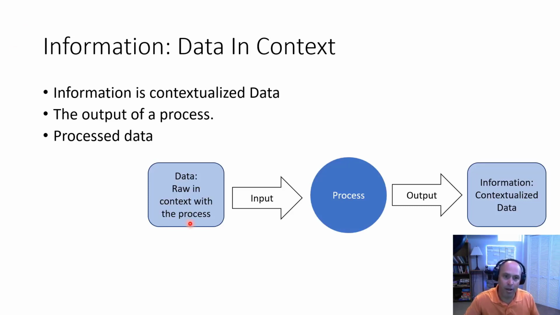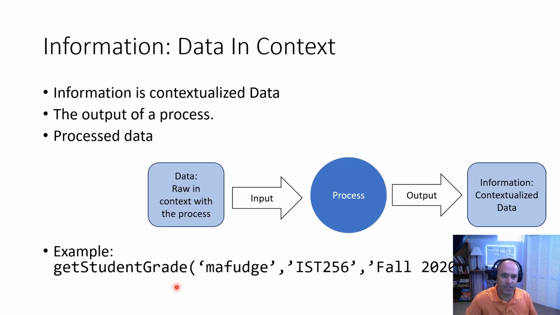Data are the raw, unprocessed facts, and they can be either atomic or composite. And then those are input into some process, and then that process has an output. And then whatever comes out of that process is now contextualized data. It's information. So, for example, let's suppose I have this function that I wrote called getStudentGrade, and it's written in Python or whatever, and it takes as input three pieces of atomic data.